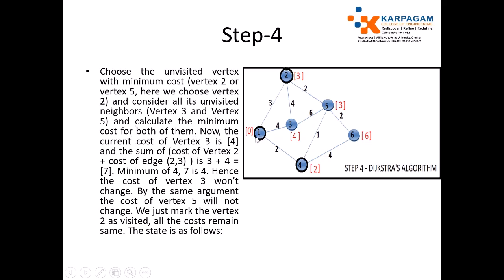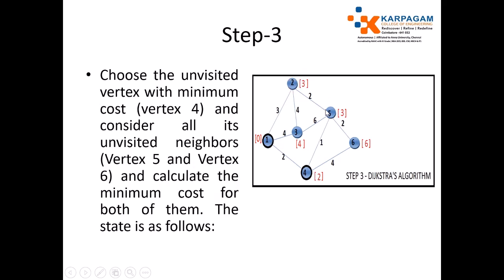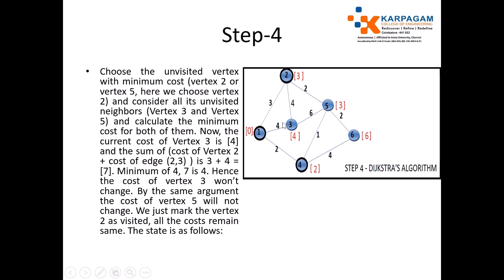The cost for reaching 5 is already calculated, and we already have 3, which is less cost. If we use the path 1 to 2, then 2 to 5, the cost is 5.